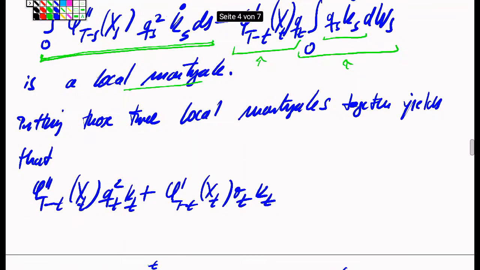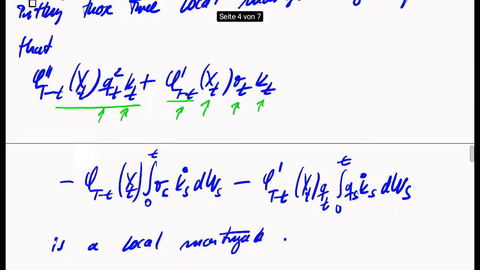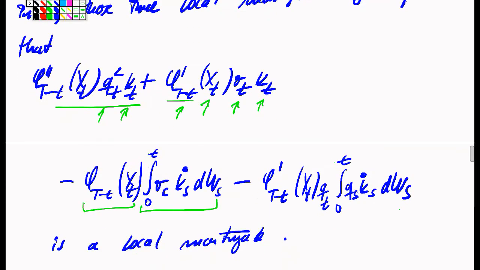Namely, I claim now that the following combination of stochastic processes produces also a local martingale, which is this phi double prime multiplied with the qt squared times kt, and the phi single prime evaluated on xt times rt times kt, minus the sums of these two products of these two martingales, which we have just considered. I claim that this is a local martingale.